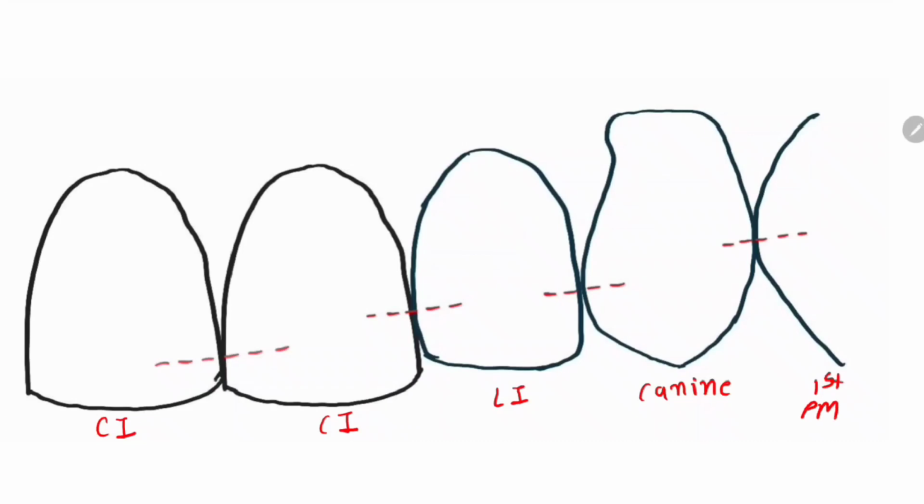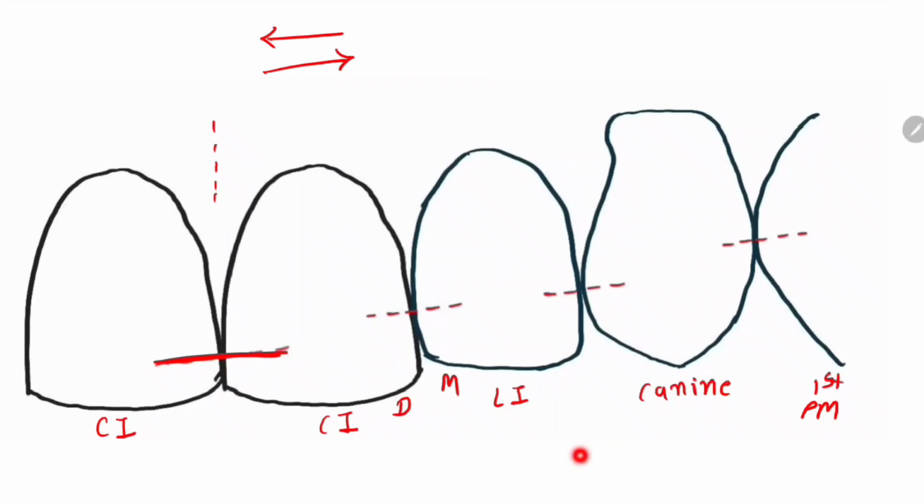Between two central incisors, in the midline, the contact area is present at the incisal third. Now, what is mesial and what is distal? Mesial means towards the midline and distal means away from the midline.